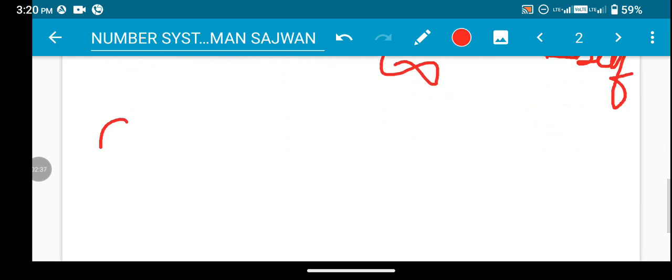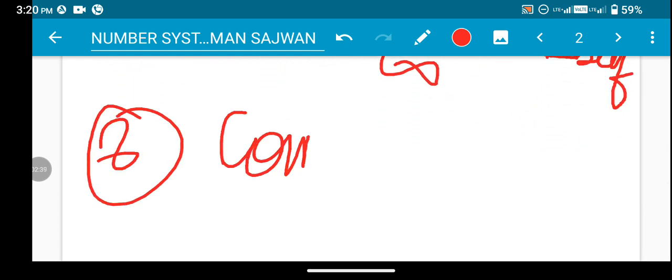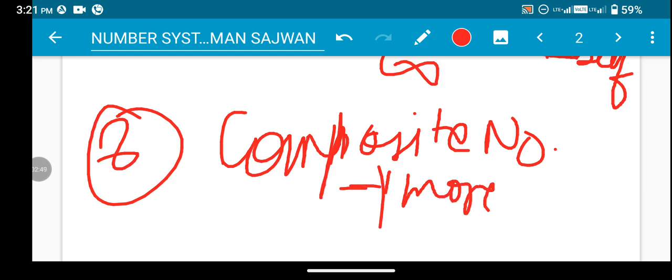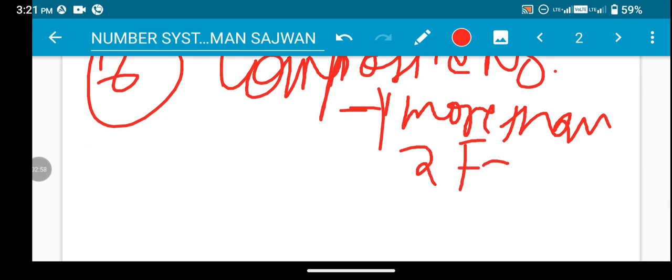Eighth, composite numbers. They can have more than 2 factors, we can't say 4 factors or 5 factors, it can have any number of factors, but more than 2 factors are called composite numbers.